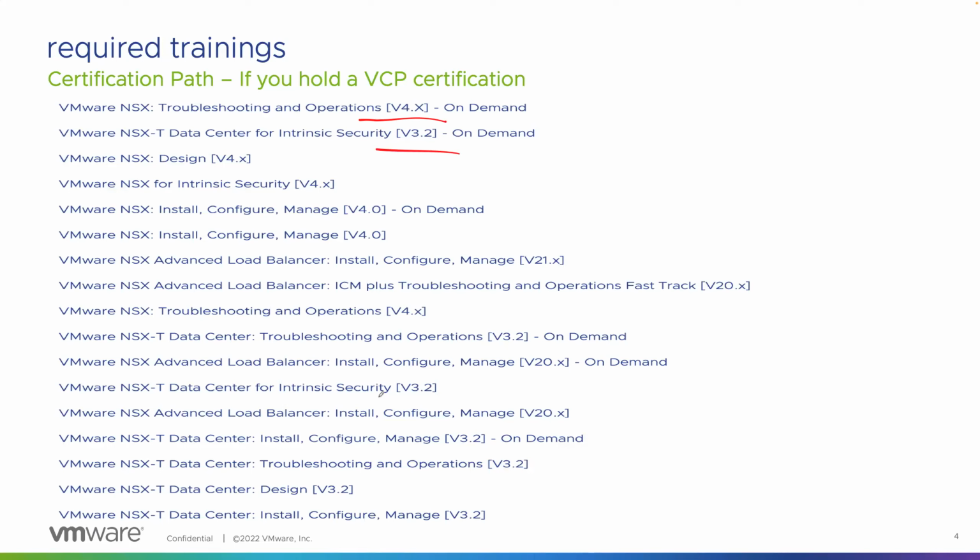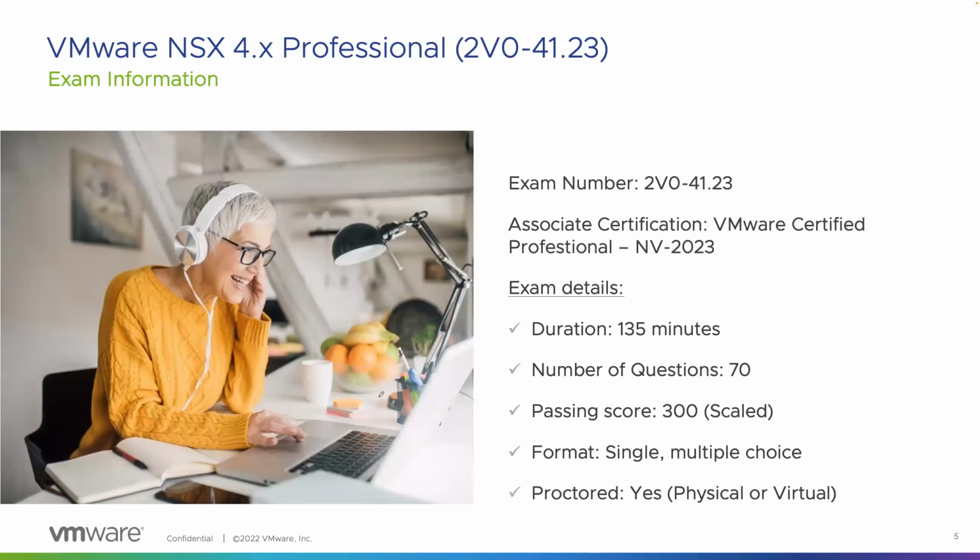This is the one mandatory path you have to go through to take the exam or get the certification. For the exam itself, there are 2 exams now in July 2023. This is a new one, 2V0-41.23, which is for NSX 4.x.